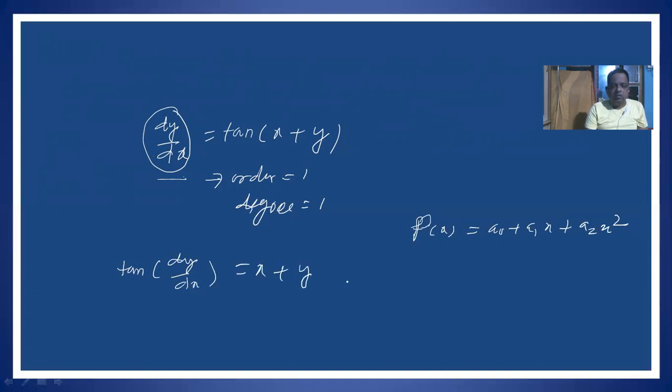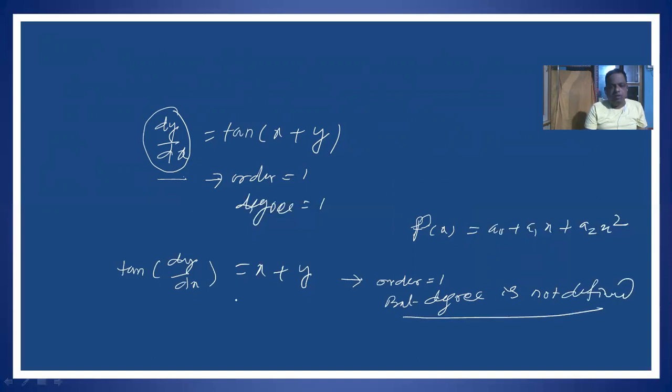In such a case the order is 1, but the degree is not defined, because this expression is not a polynomial expression. Okay, so in this way we can find the order and the degree of an equation.